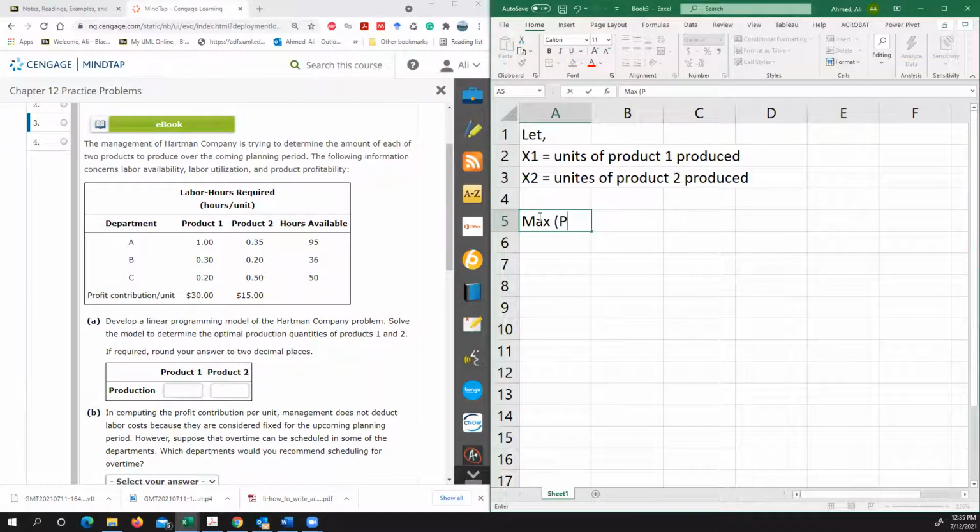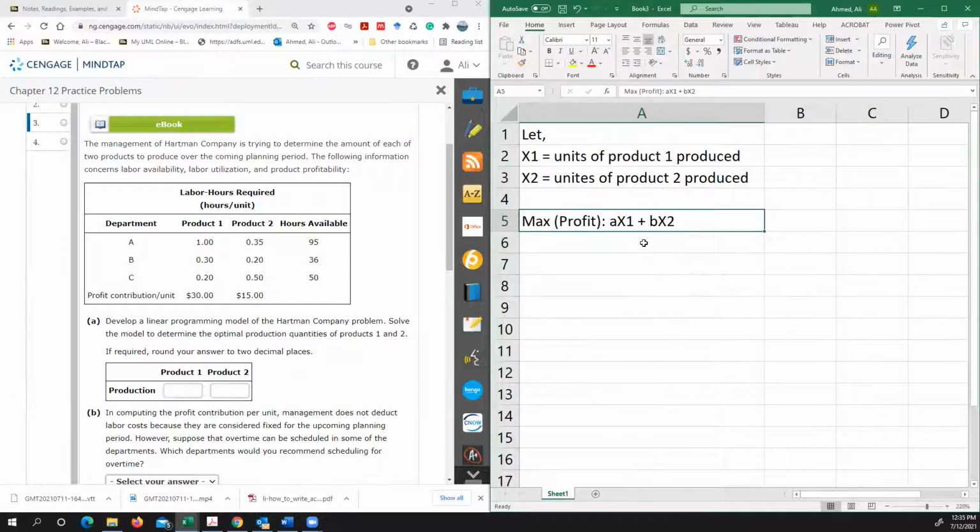We are trying to maximize our profit here, and the function is like this. We have some units of X1, so I will say AX1 plus BX2, where A and B are just placeholders. We will be changing these values to get the optimal answer, the maximum profit.